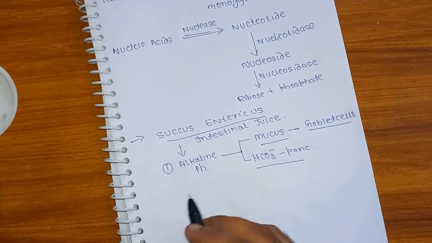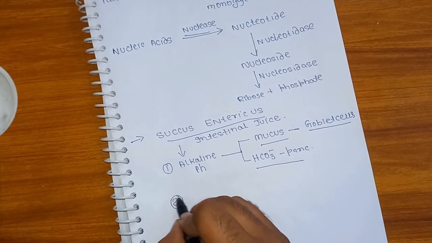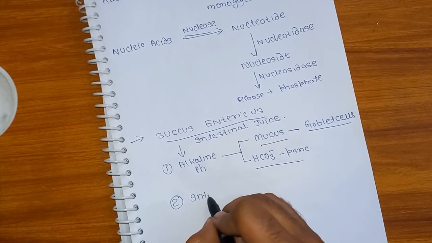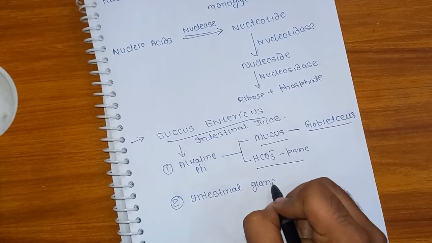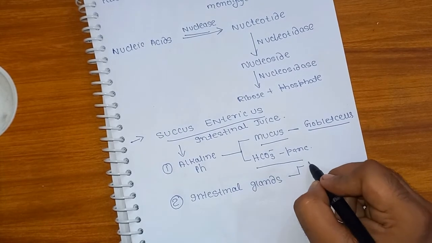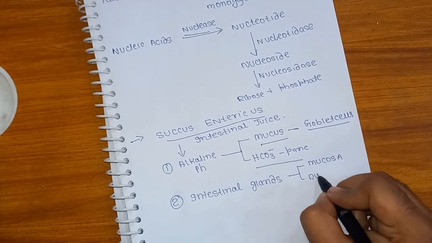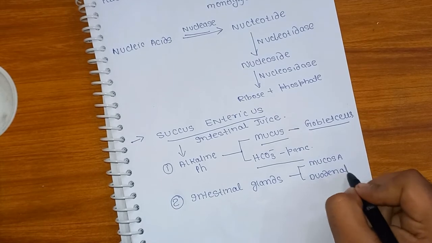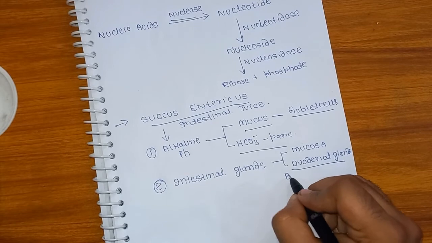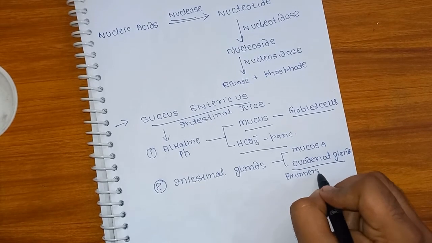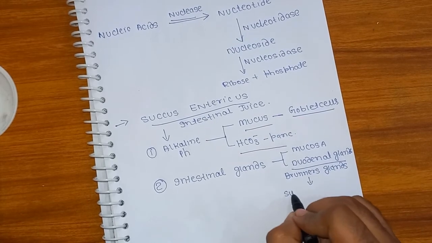First thing to remember is that it works in alkaline pH. The second thing to remember is that it's produced by intestinal glands. Usually they are present in the mucosa, but the duodenal glands, which are also called Brunner's glands, are present in the submucosa.